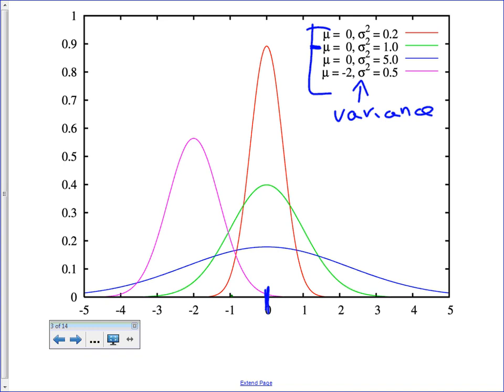And so the green one is one where the mean is 0 and the standard deviation is 1. And so you can move the curve around a little bit, but overall you're always going to get this bell-shaped curve. Remember, it's a density curve, so the area under the curve always adds up to 1.